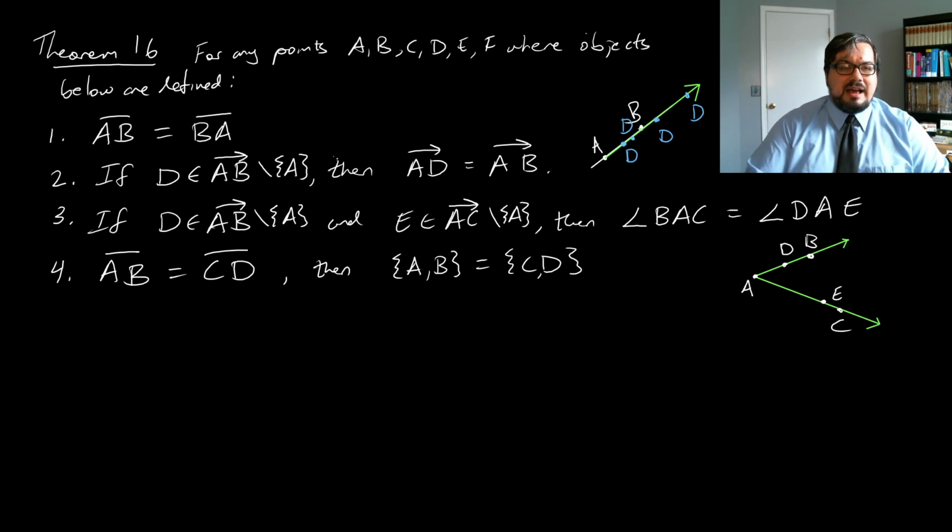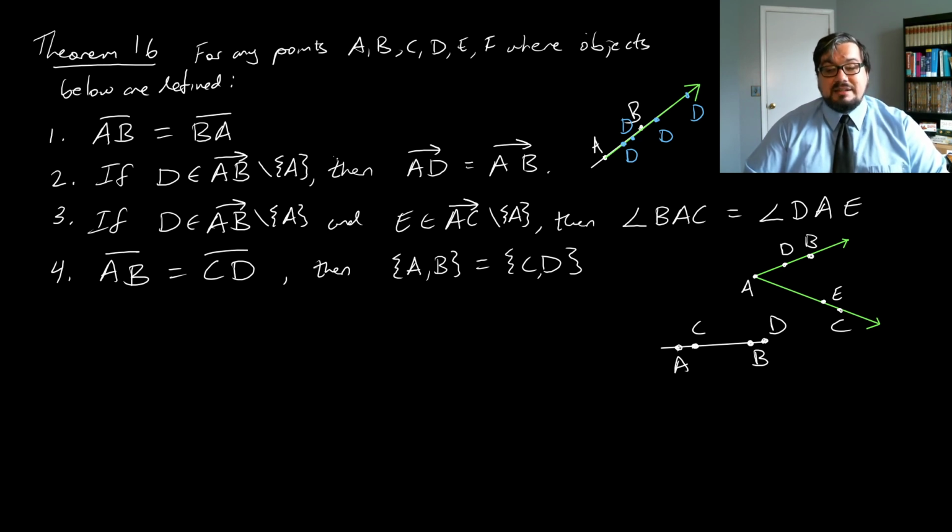It's not possible to have some segment here where I've got A and B, and somehow weirdly have a C here and a D over here and have the segment AB equal the segment CD, unless C and D were the endpoints A and B to begin with. Now, it could be that A equals D and B equals C, or vice versa, but the point is that the endpoints of a segment define that segment.